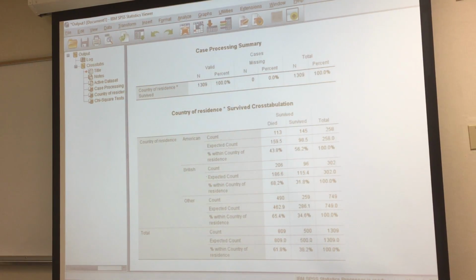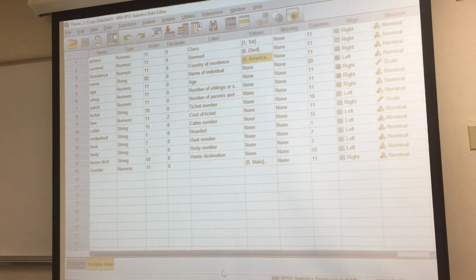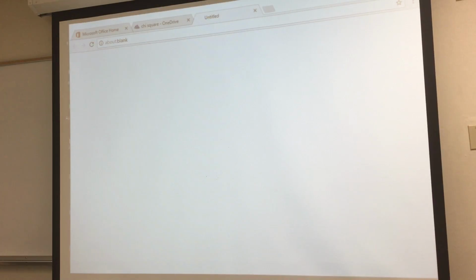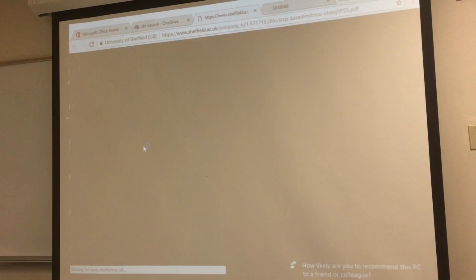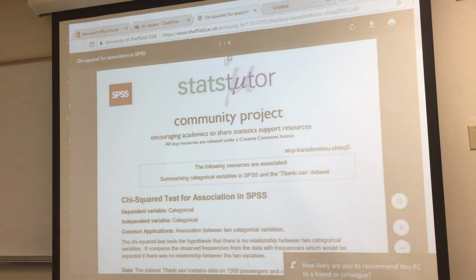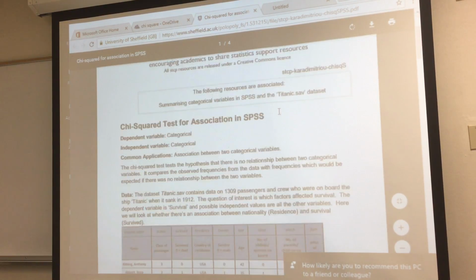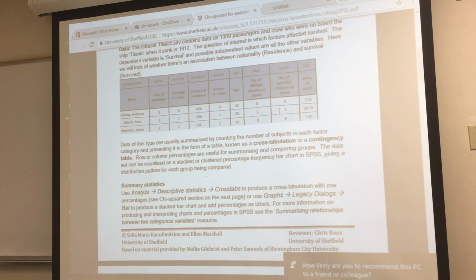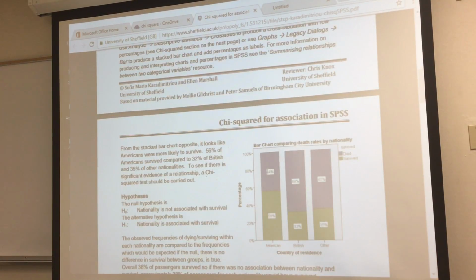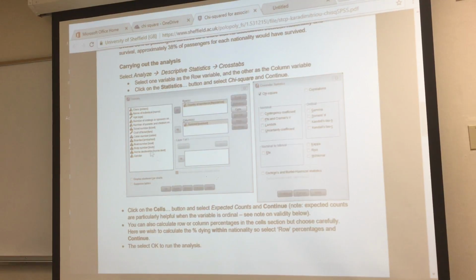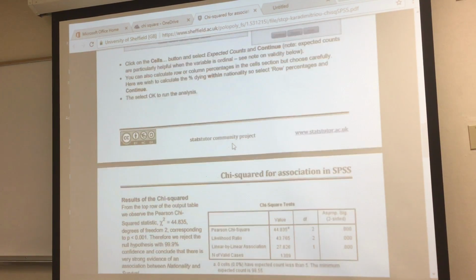And also you can check out this document. It's a PDF file online, and it tells you how to do the chi-square using SPSS. Here is the description that tells you how to do the chi-square test, really specific.